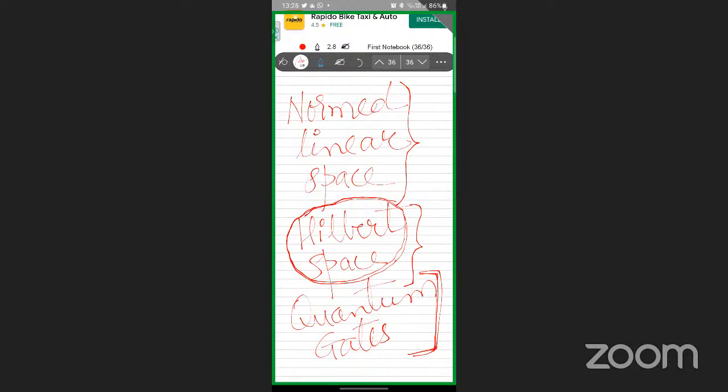It is one of the tools. It's not that once you know Hilbert space, you will be able to construct the quantum gates. No, to construct the quantum gates, one of the mathematical structures you need is Hilbert space. And in fact, your logical quantum circuit uses elementary operations.